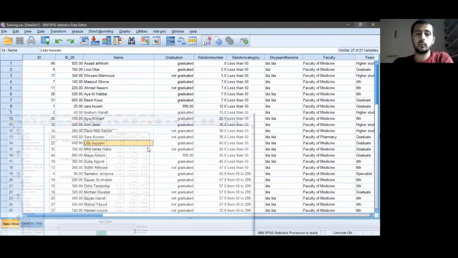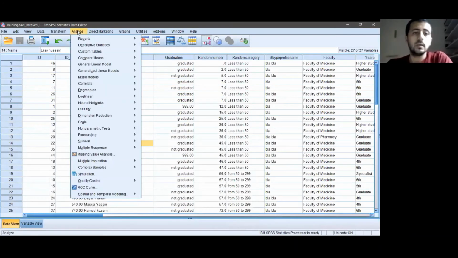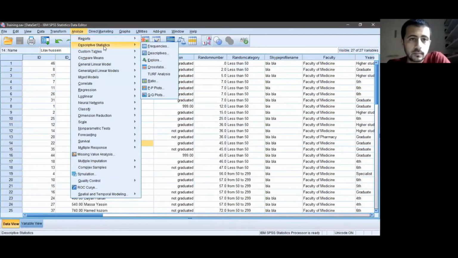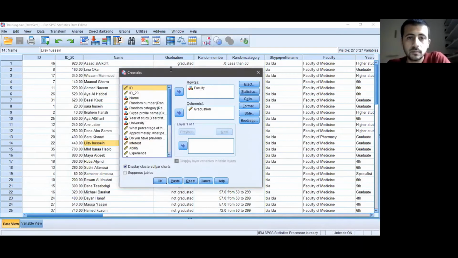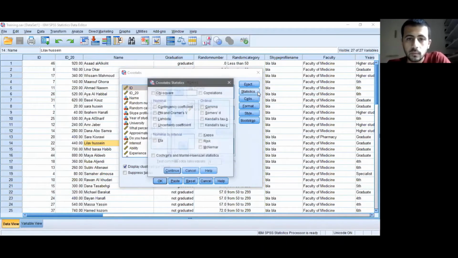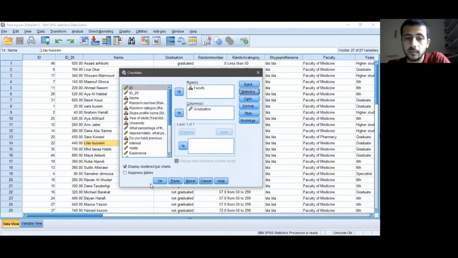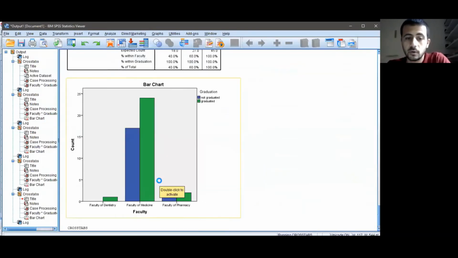What else can we do? I will analyze. Take the same crosstabs. We will take statistics, and here what can we see? The chi-square. Okay, and what is the result of a chi-square?